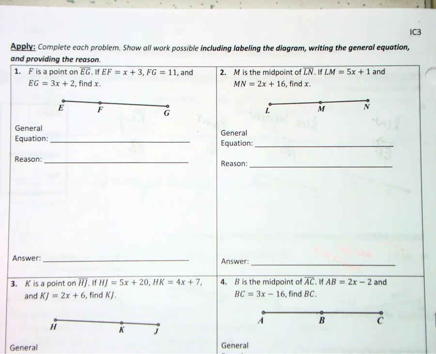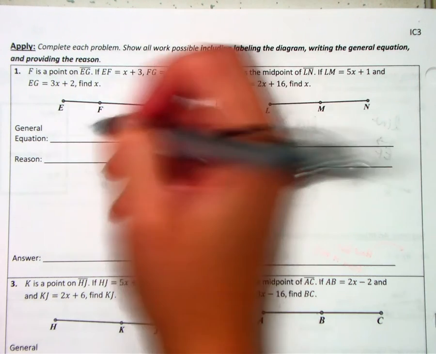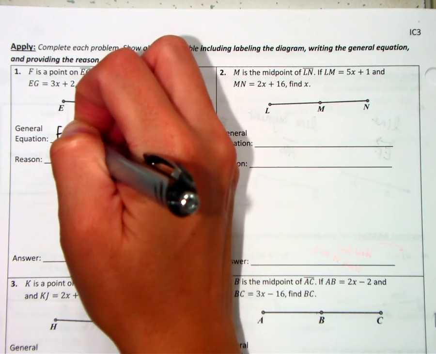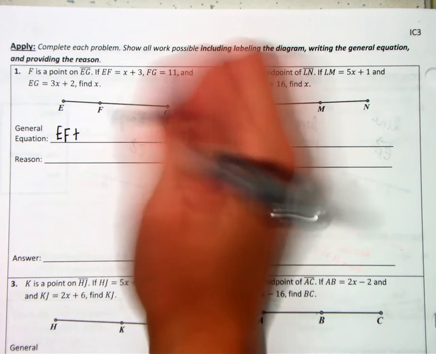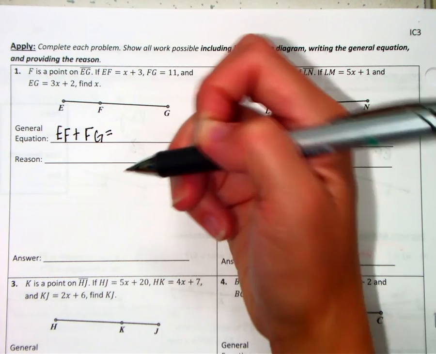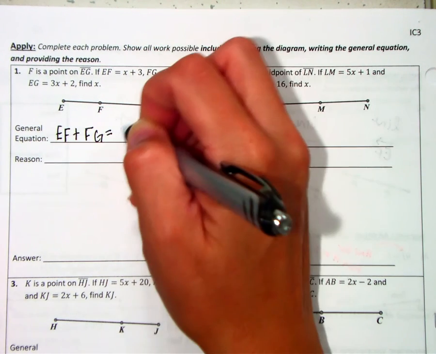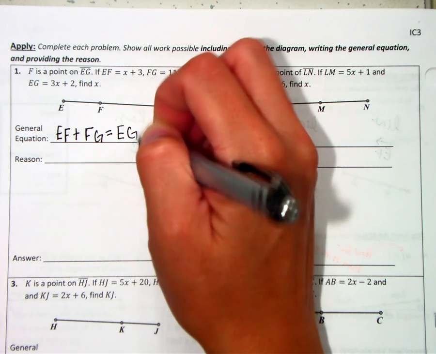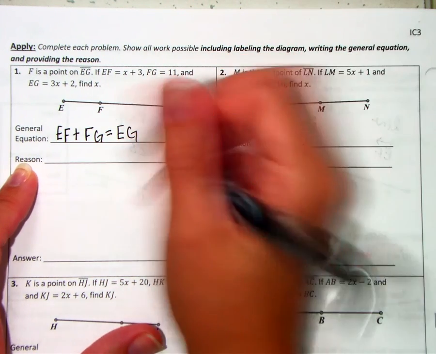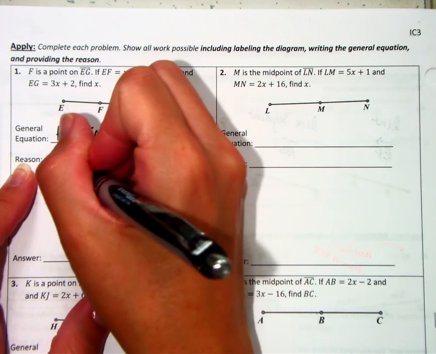The parts add up to be the whole, EF plus FG is equal to EG. Now we didn't have to write the reason before, but the reason is segment addition.